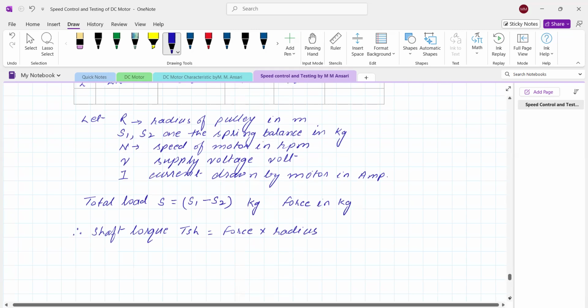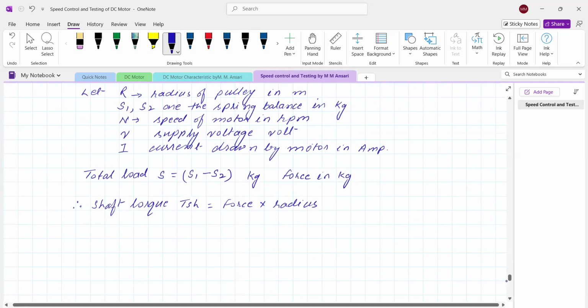So here the radius of the pulley is given as R. So it is S1 minus S2 into R, which is in kg meter.